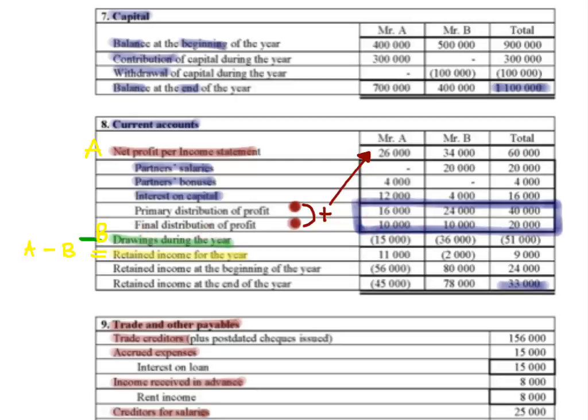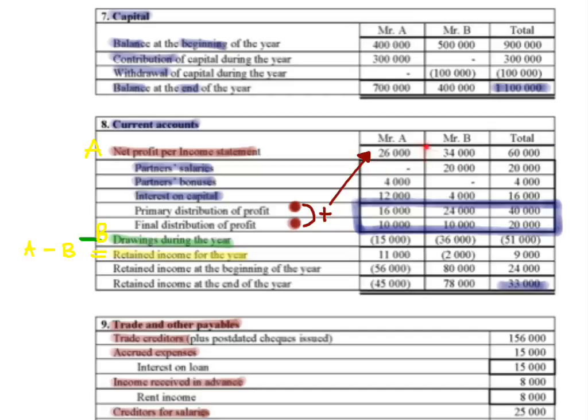Then my primary plus my final gets added up and taken to the top part, as part of how you distributed your net profit according to the income statement. After you've distributed all of your net profit according to primary and final, these two amounts should equal back to the total net profit that you've got.